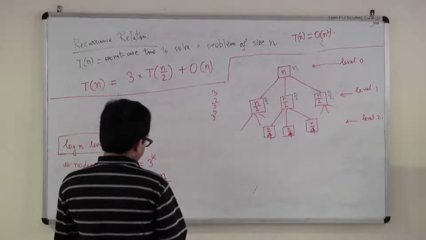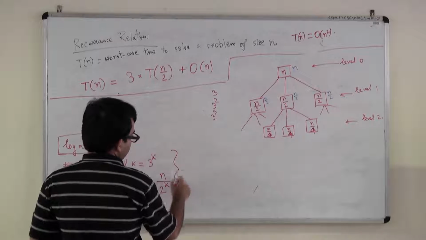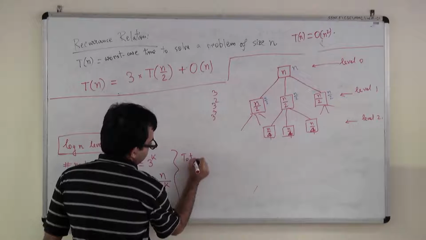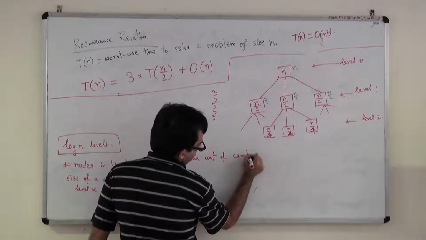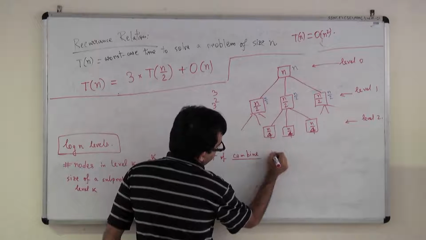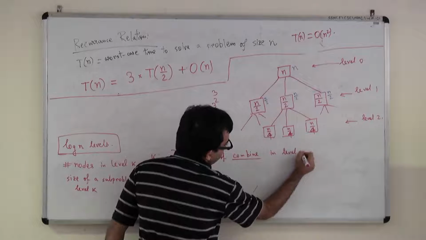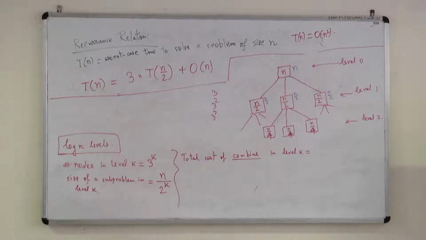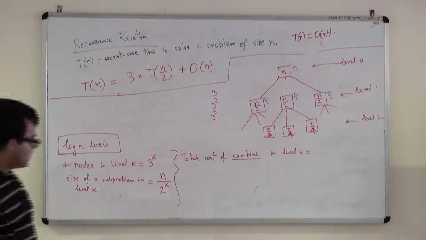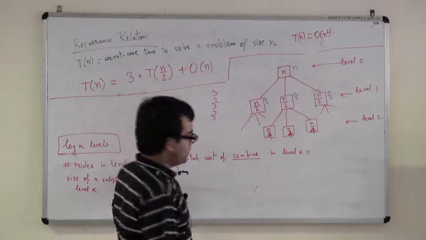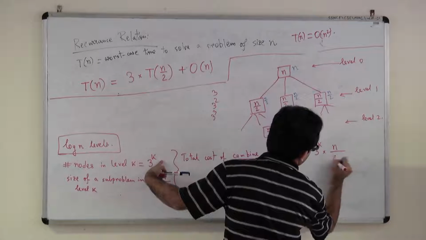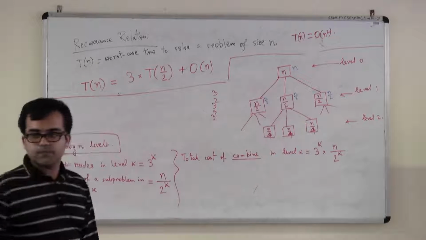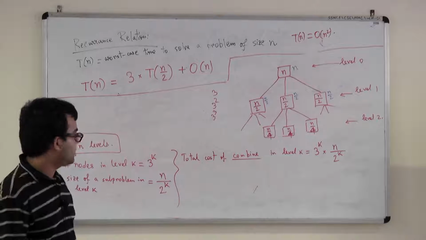Okay. Now, what is the total cost of combine in level K? Exactly, there are 3 to the power K nodes, and for each of them, the cost will be n by 2 to the power K. So this is the total cost of combining them.